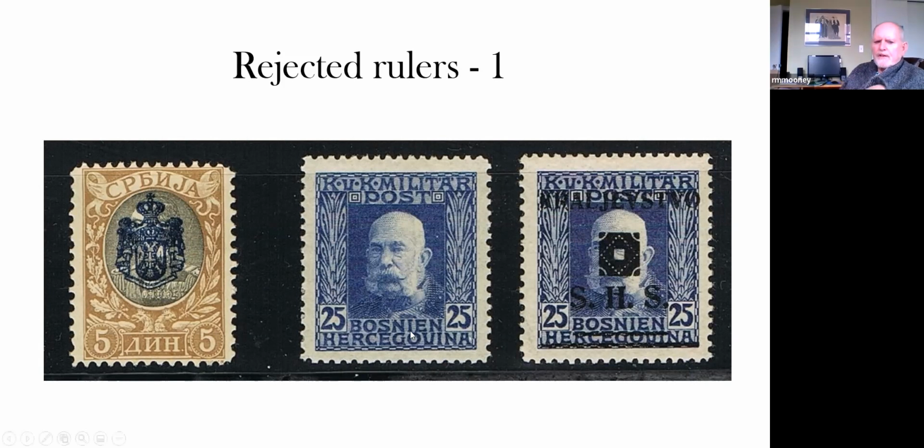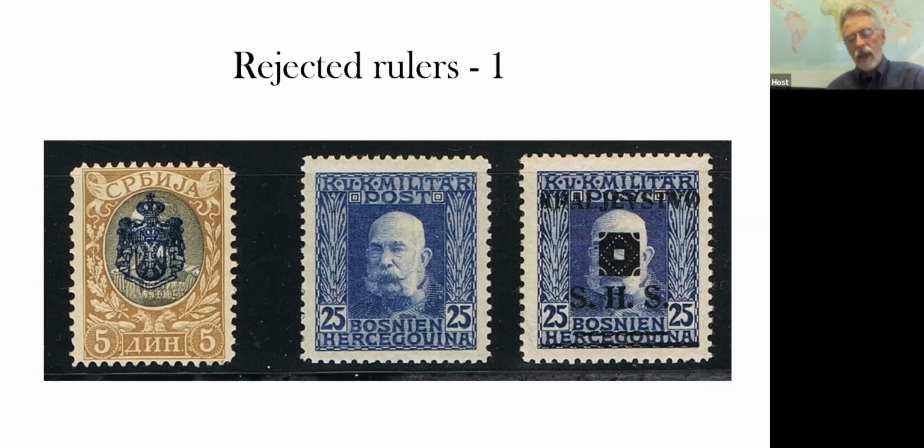Allan, you're saying the first stamp was never issued, but then it was overprinted and was used? Yes, it was never issued unoverprinted, but the overprinted stamp was issued and used. Unoverprinted stamps do exist. They were remainders that found their way into the philatelic market, but they were not for postal use without the overprint.